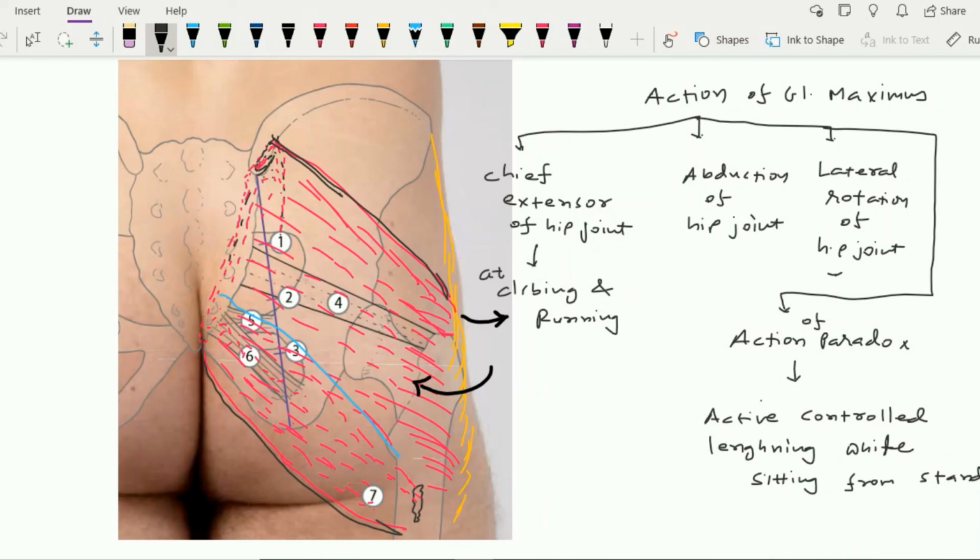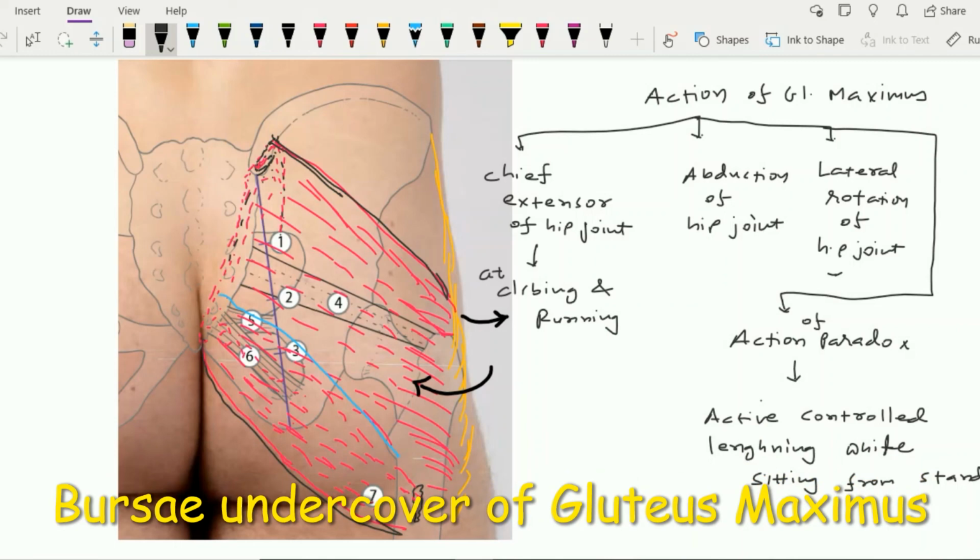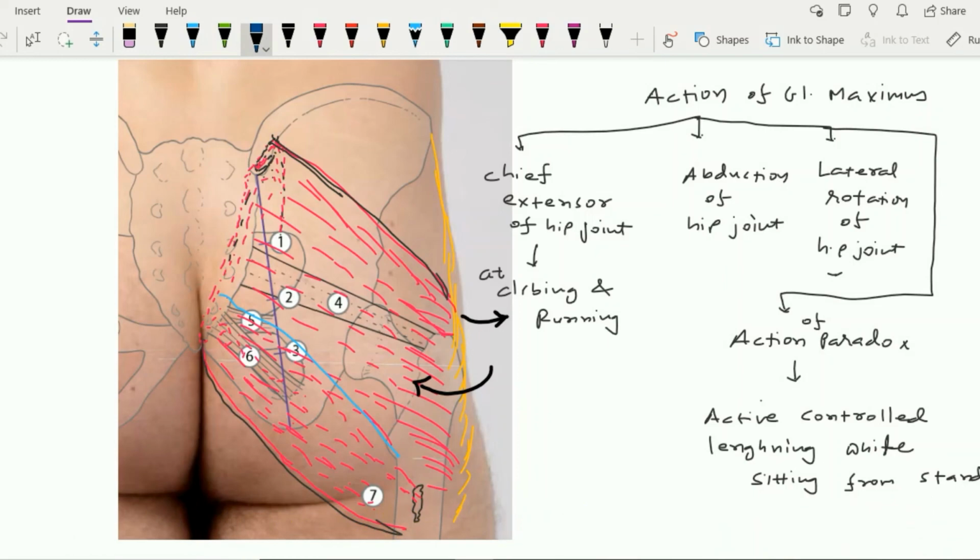The structures under cover of the gluteus maximus muscle we are going to see after we cover all the content of the gluteal region, but 3 important bursae are present under the gluteus maximus muscle. Out of them, the first one is situated between the gluteus maximus and the ischial tuberosity, and that bursa is called the ischial bursa.